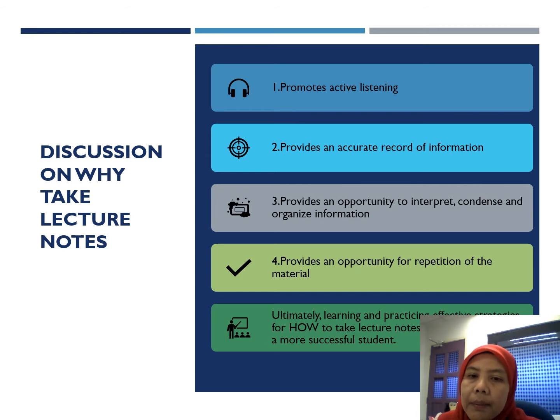Third, it provides an opportunity to interpret, condense, and organize information. If you have a record, you have the opportunity to interpret it or give a detailed explanation about it. You can also organize your information, arranging it from the most important to the least important, so you can prioritize the information.